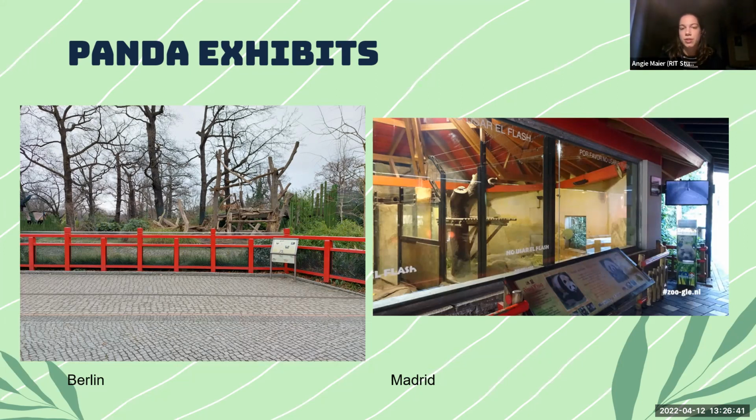In Madrid, there's 3, 2 outdoor and 1 indoor. And the Madrid indoor area is inside a closed sort of room that you walk through. And it's a relatively small room, so I had to observe from outside of the room. But in Berlin, I was able to observe each element of the exhibit separately.